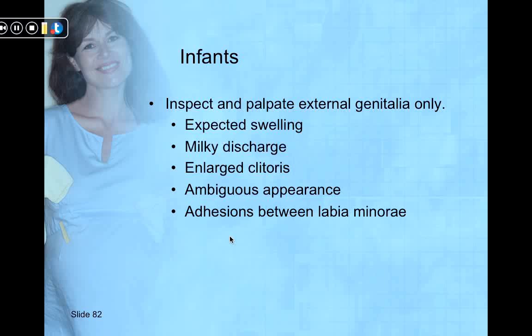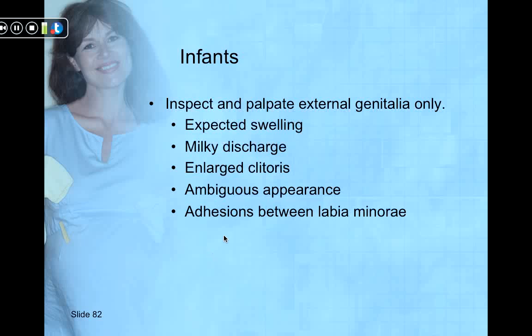Infants, we would inspect and palpate the external genitalia only. Swelling, do they have it? And keep in mind that infants, and we're talking newborn infants, have changes in their hormones because they're outside of their mother. So often you will see an enlarged clitoris, an ambiguous appearance of it. They might have a little bit of a discharge. They might have some swelling.